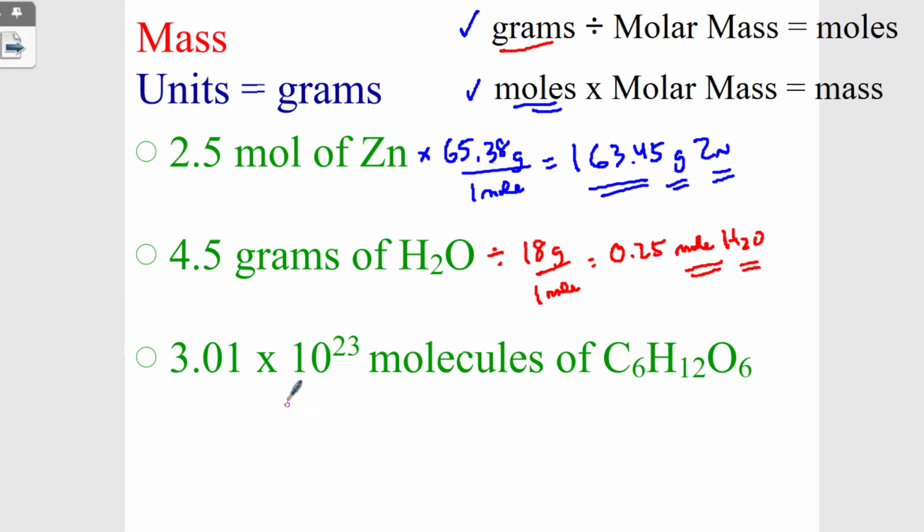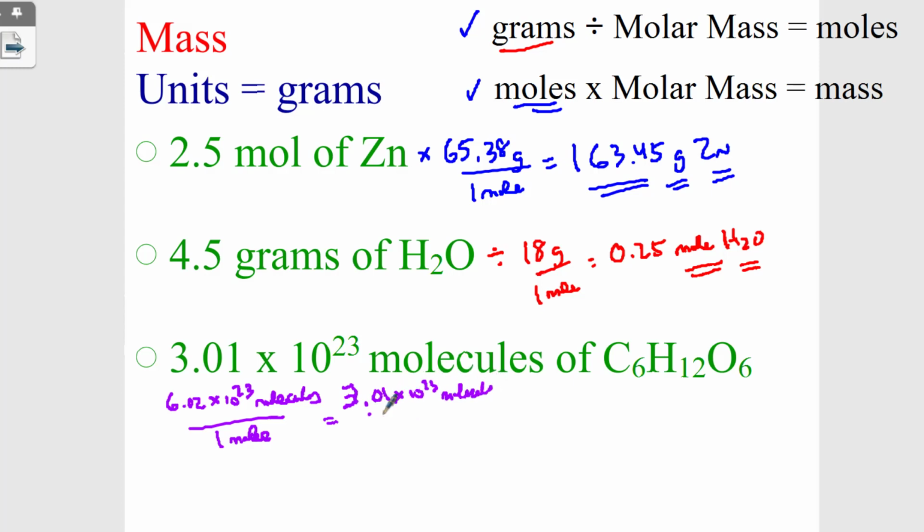Then we have 3.01 times 10 to the 23rd molecules. Okay, now remember, we know 6.02 times 10 to the 23rd of anything, let's take a look at molecules, equals 1 mole. And I have 3.01 times 10 to the 23rd molecules.